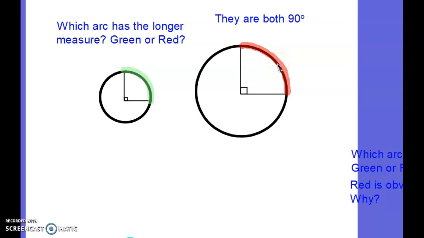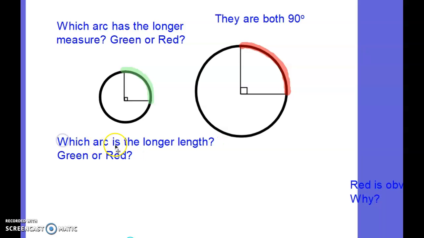Now, listen to this question carefully. Which arc is longer in length, red or green? Well, I hope you've said the red, because as you can see, the red is a lot longer.